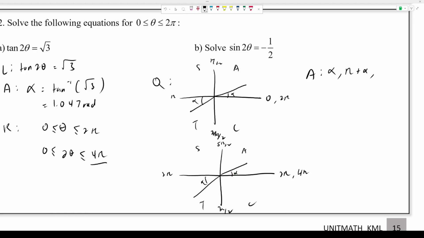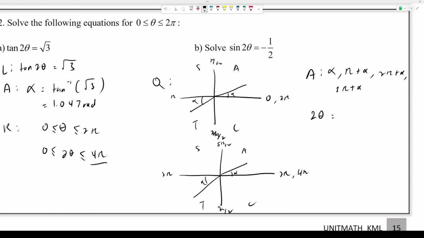Okay, sebab kita start kat 2 pi situ. 2 pi plus alpha. And then for the last answer 3 pi plus alpha. Okay, so this is 2 theta, sorry. So tadi your range is 2 theta kan. So your answer will be 2 theta first lah.